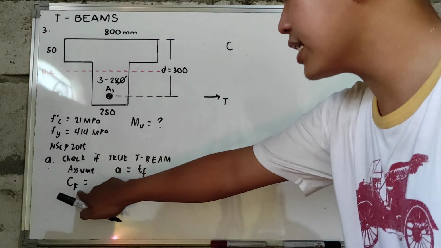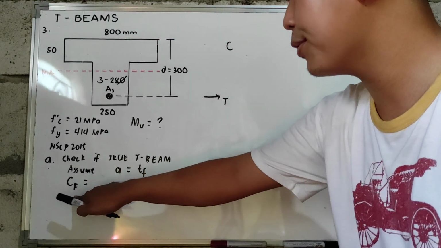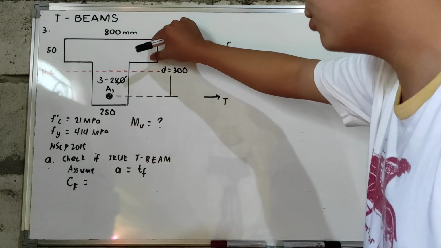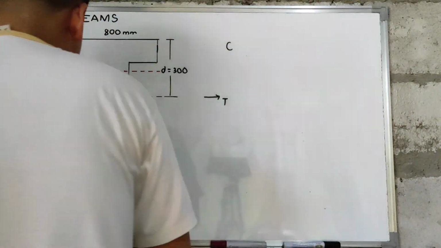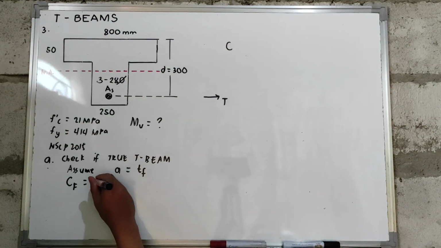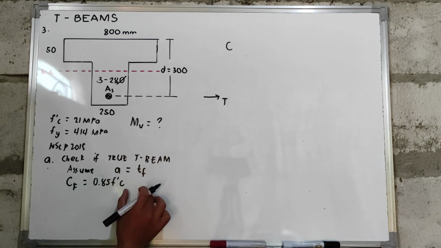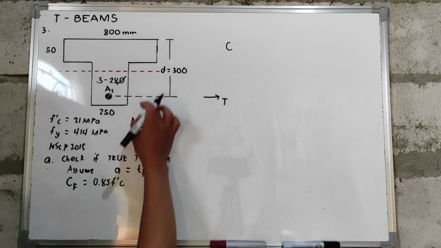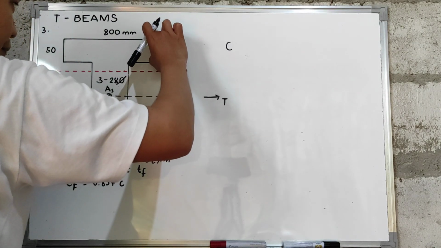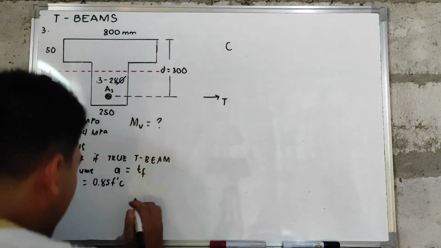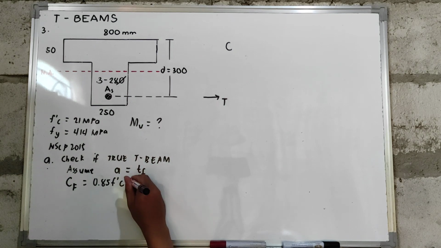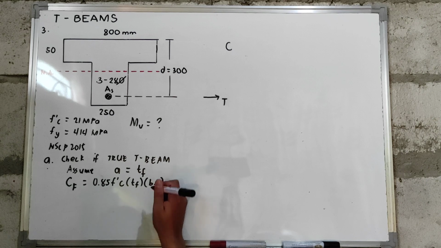So nilagay lang natin siya ng subscript na F kasi nga kukunin natin yung compressive force dun sa flange natin. Kaya F stands for flange. So we have 0.85 F'(C). So yung A natin dito, that will be, so yung area natin, that will become 50 multiplied by 800, o yung thickness ng flange natin, multiplied by the base of the flange.